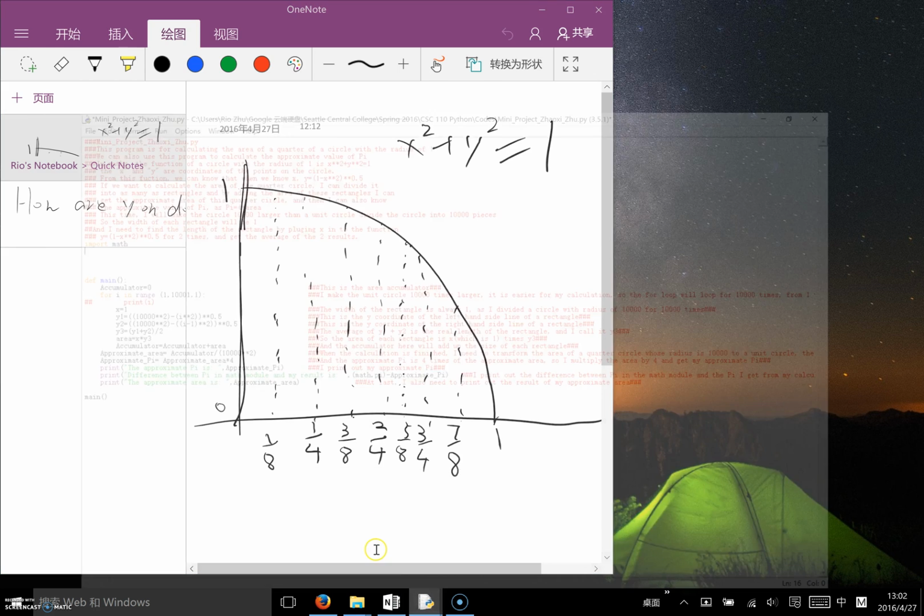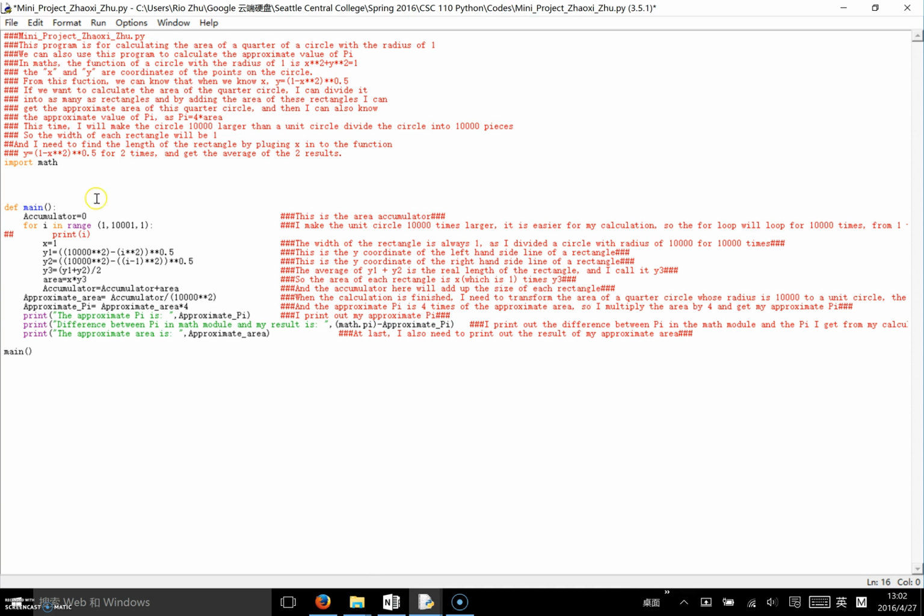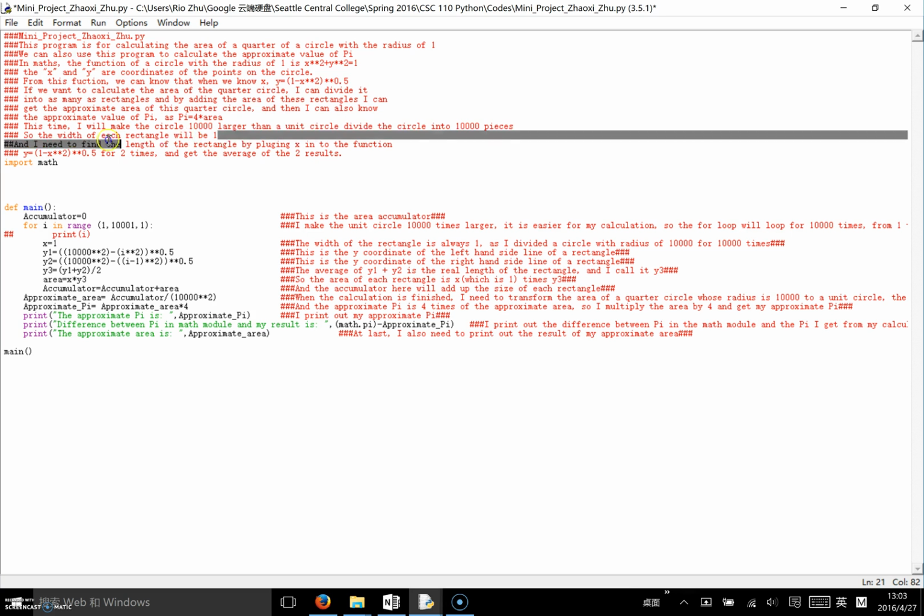So in my code, I will make the unit circle 10,000 times bigger. That means the radius of the circle is 10,000. I will divide the quarter circle 10,000 times, so the width of each rectangle is 1, and you can see it here.